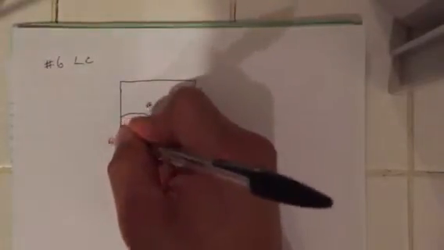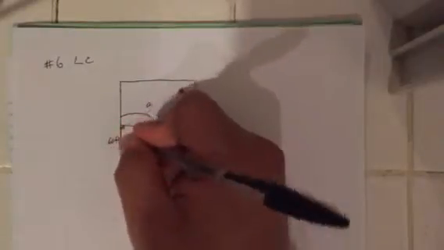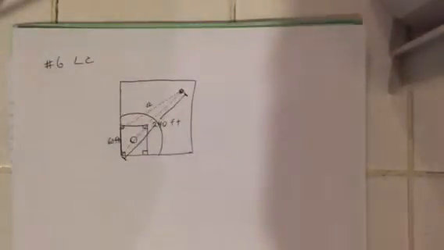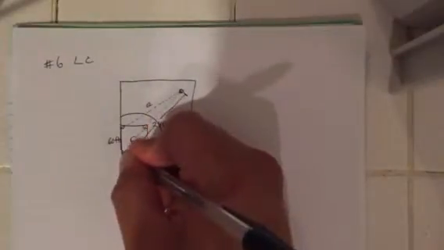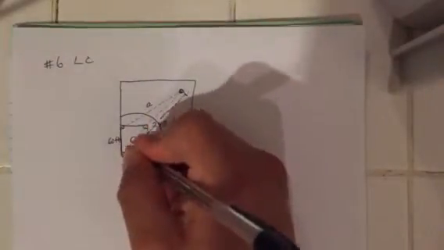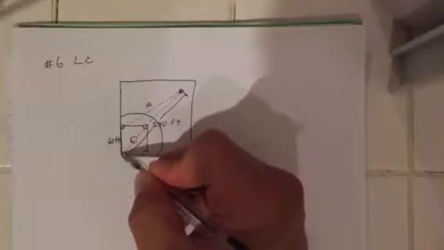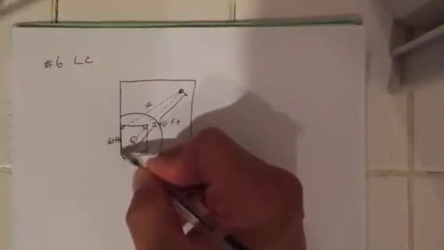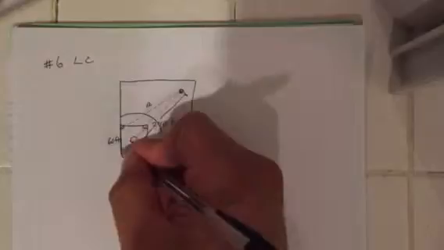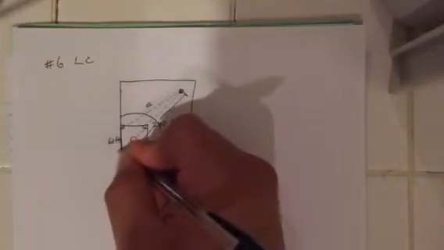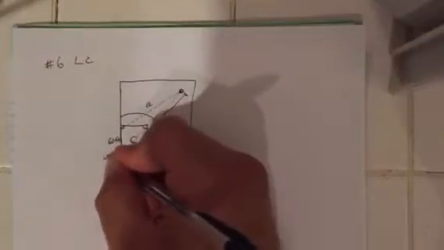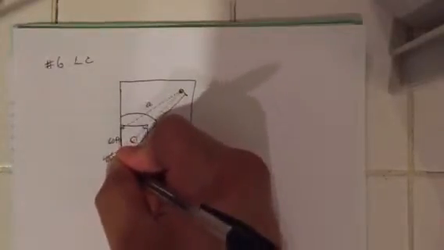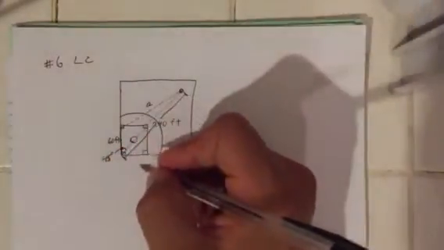And they gave you this information, 60 feet is the distance between each of the bases. And once again, this line right here that I created, the red one, bisects the angle, which is a 90-degree angle. So this angle is 45 degrees. Okay, so we have that angle.